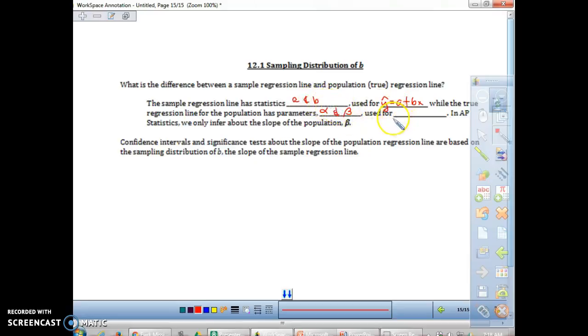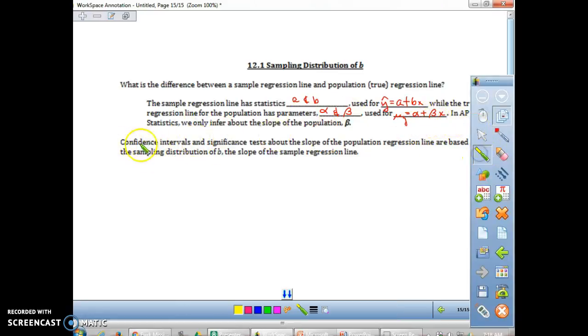And the model we're going to be running here is mu sub y, so we want the average response, and we're going to predict it using alpha plus beta x. And like I said, we're going to focus only on the slope, and we're going to generate confidence intervals, and we're going to do significance tests about the slope. So let's learn how to do that.